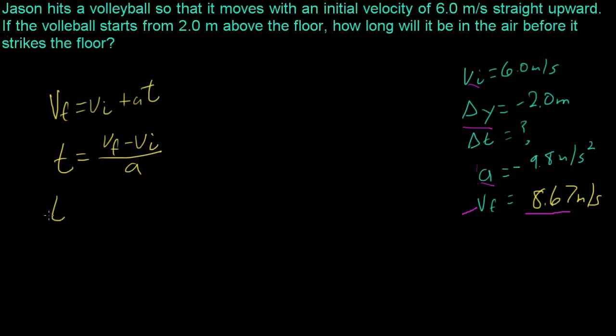Yeah, so you just plug in here. We'll have 8.67 meters per second minus 6.0 meters per second divided by a, which is negative 9.8 meters per second squared.